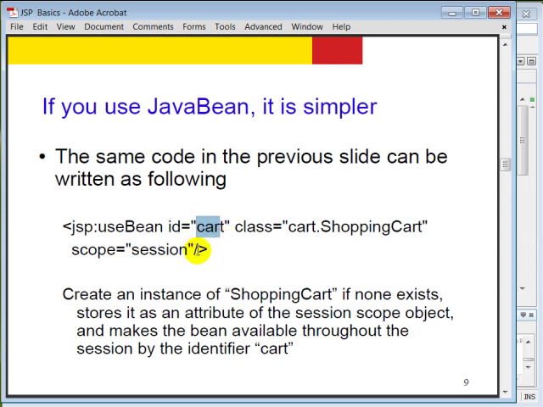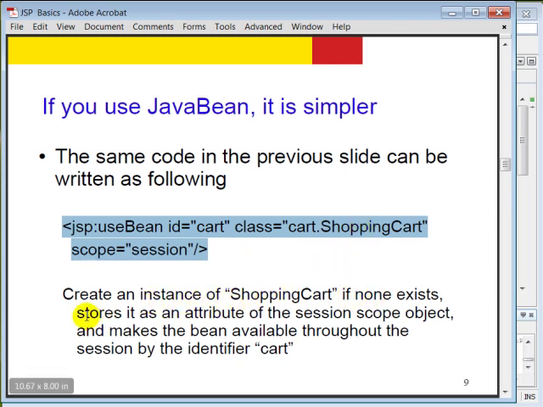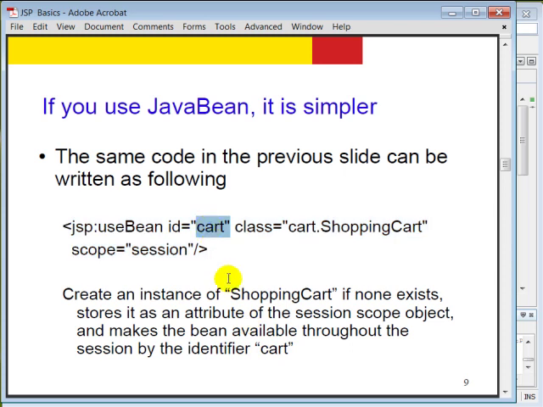So the code we have seen in the previous slide can be written with this one line of code if you're using JavaBean. So it's basically creating an instance of shopping cart if none exists, stores it as an attribute in the session scope object, and makes the bean available throughout the session by the identifier cart. So you can use this cart to access this shopping cart object. Again, this is the same code as we have seen in the previous slide.